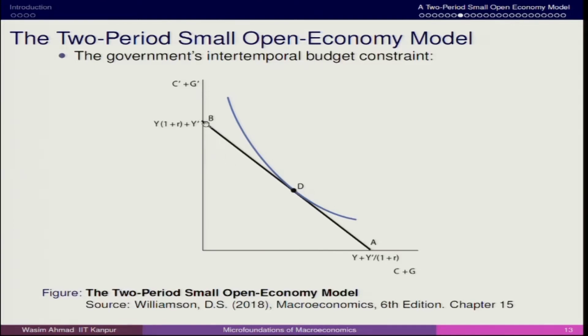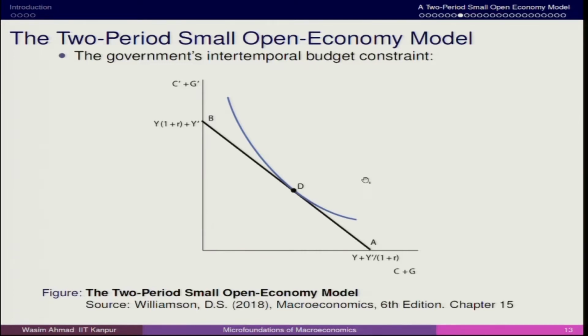If you focus on B, you have no C plus G, and if you are at point A, you are missing C' plus G'. So D seems to be the suitable point, where the indifference curve is tangent. This is a very basic understanding of the 2-period small economy equilibrium.